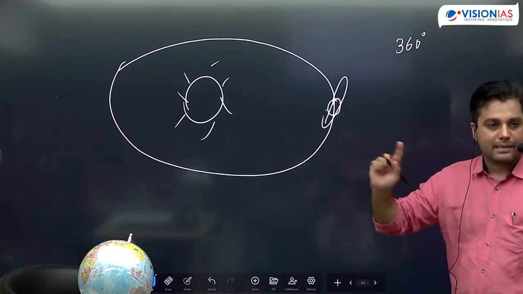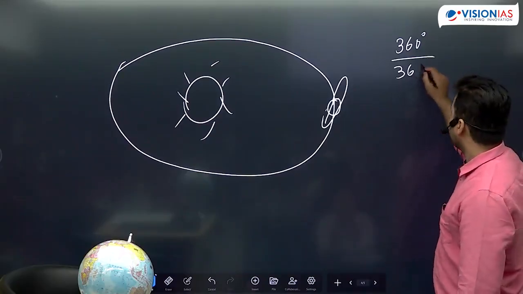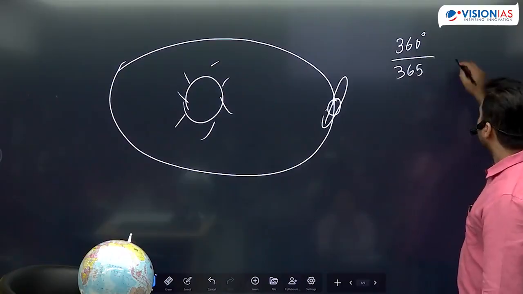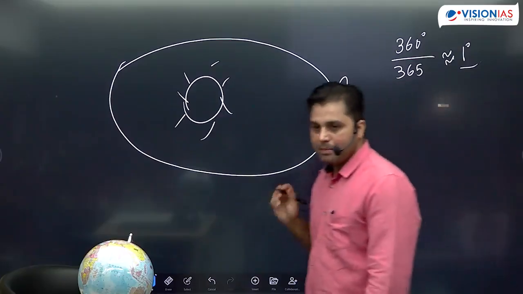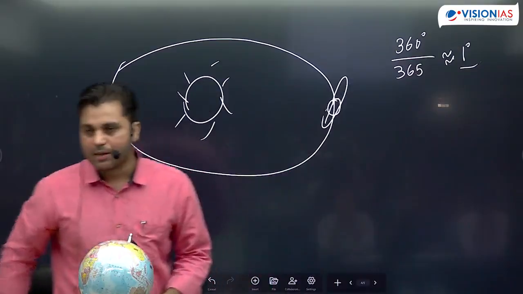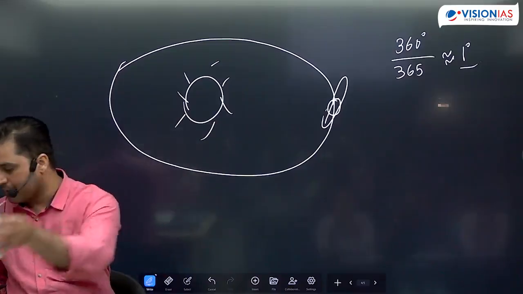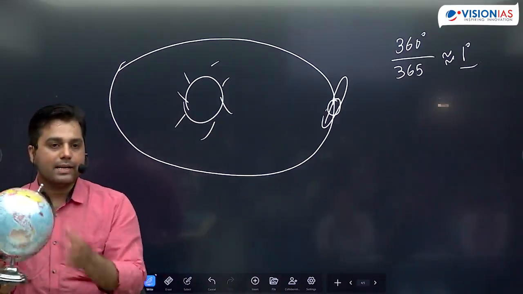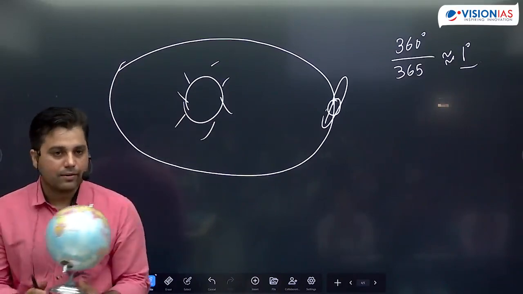Earth has completed 360 degrees of revolution in how much time? 365 days. So on an average, the angular change per day is about 1 degree. I'm approximating that to be 1 degree. It will be about 0.96. I'm saying that to be 1 degree. तो जो अर्थ का पोजीशन है with respect to sun, it changes 1 degree every day because of the fact that earth is revolving around sun.